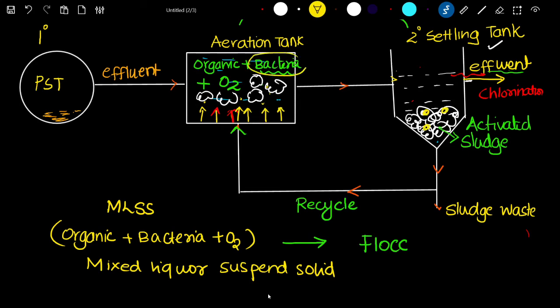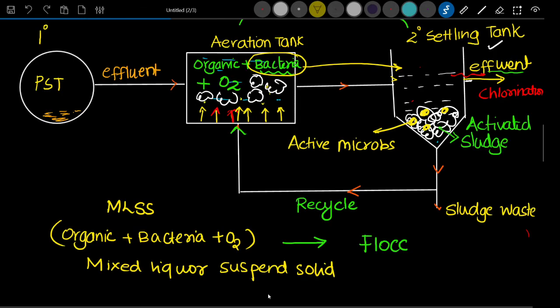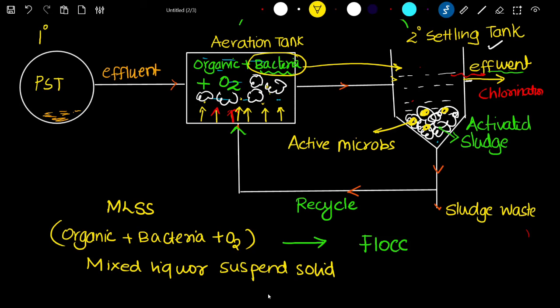A part of these organisms will be transferred through the flocs, so there will be these active microbes which are being recirculated into the aeration tank. It is because of these active microbes or microorganisms that we call this particular system the activated sludge process. They are being recirculated in the form of the sludge into this aeration tank. Why are they being recirculated back to the aeration tank?